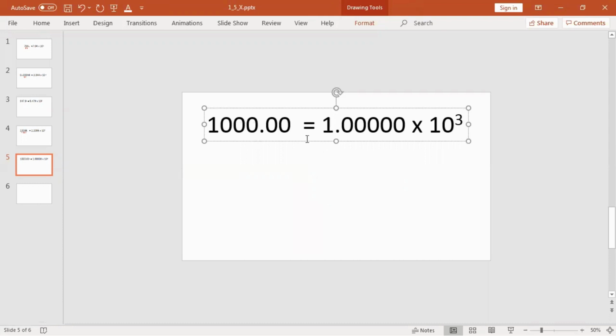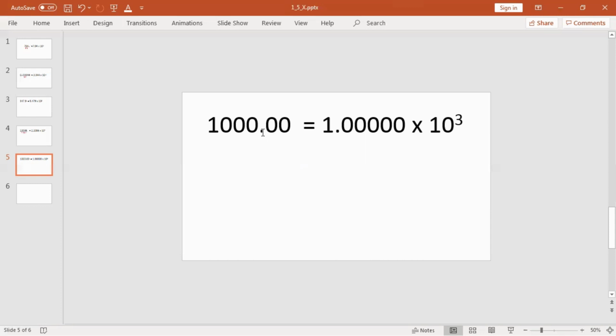Let me count that in the mantissa. This is the decimal formatted number, and this is the mantissa. Let's count how many significant figures we have in the mantissa. 1, 2, 3, 4, 5, 6. So far so good. We got that right.